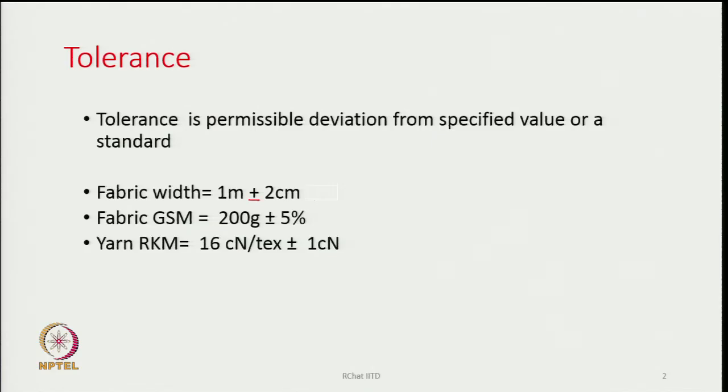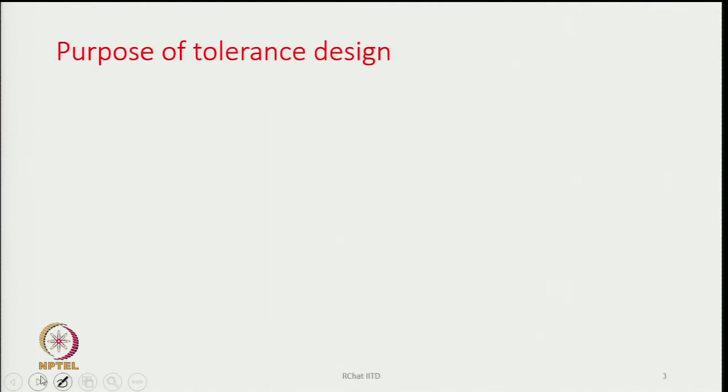But tolerances may be suggested by a buyer or by a customer, and the producer has to produce goods which will meet the tolerance. So, we will discuss the designing of tolerance.